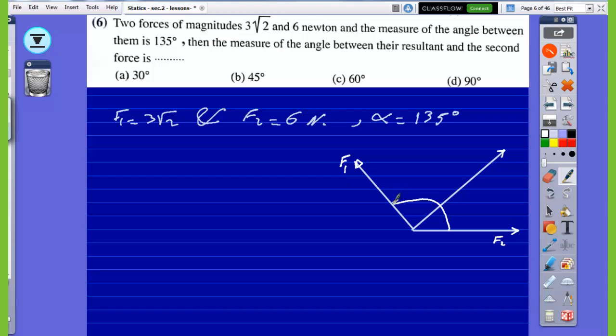Alpha equals 135 degrees, and the measure of the angle between R and the second force is theta. So what is the value of theta? We have F2 equals 6 Newton, and F1 equals 3 root 2.